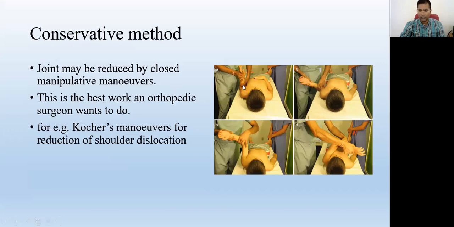First you give traction to the elbow, then externally rotate, then adduction, meaning bring the elbow to the side, and then internal rotation. Traction, external rotation, adduction and internal rotation: these are the four steps in Kocher's maneuver for the reduction of a dislocated shoulder joint.